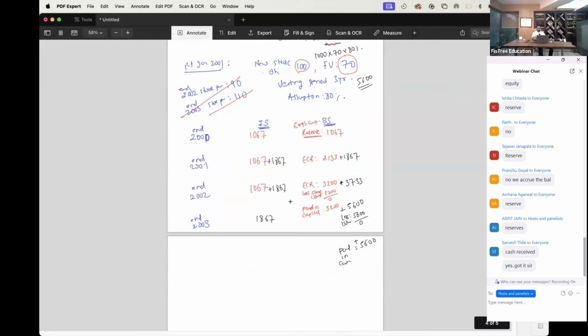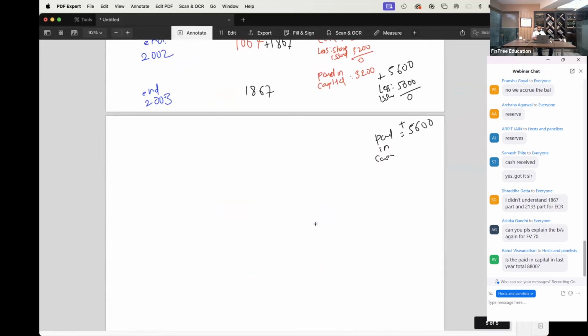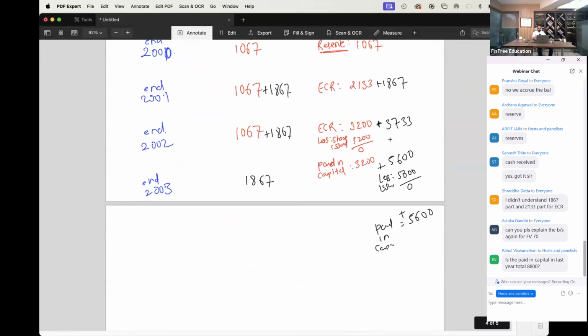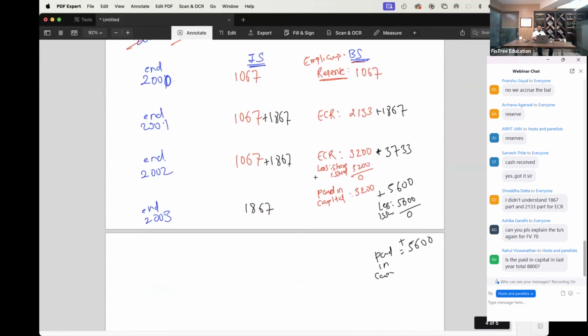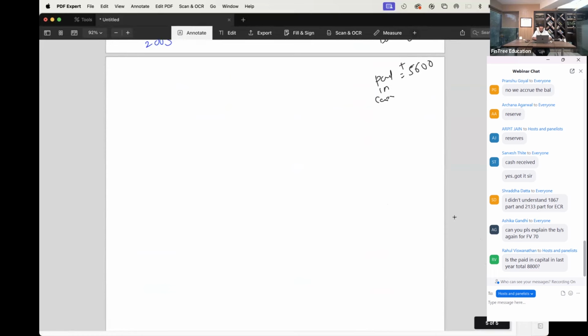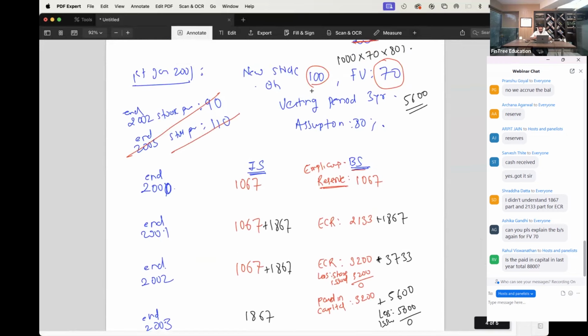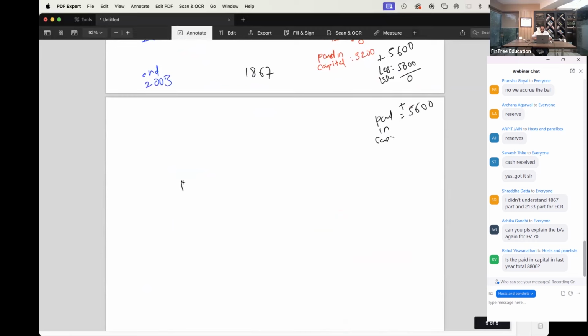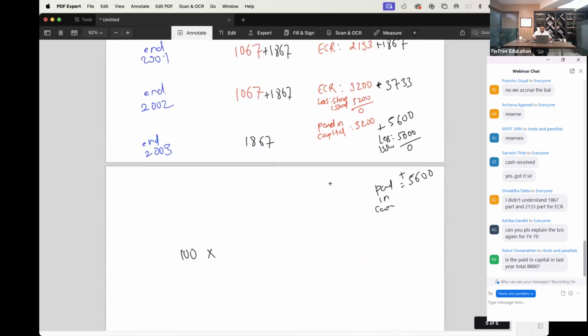That's it. I didn't understand 1867 part and 2133 part of ECR. Where is 2133 here? Can you please explain the balance sheet again? See, I'm accounting for both of these separately, and I'm color coding them so you understand what's happening. What is really happening here? You're going to your employee, you're saying, okay, I'm giving you 100 shares.